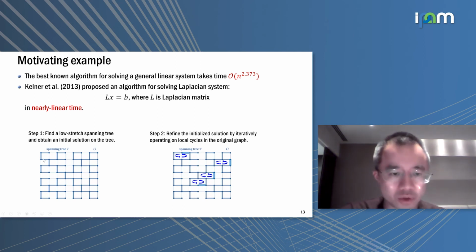Once you have this tree approximation for the graph structure, so the graph originally is a grid, you approximate it by the spanning tree which contains these low stretch edges. Then you can solve this linear system in near linear time on this spanning tree. Once you have the solution based on the spanning tree, you refine this solution using some kind of local updates.